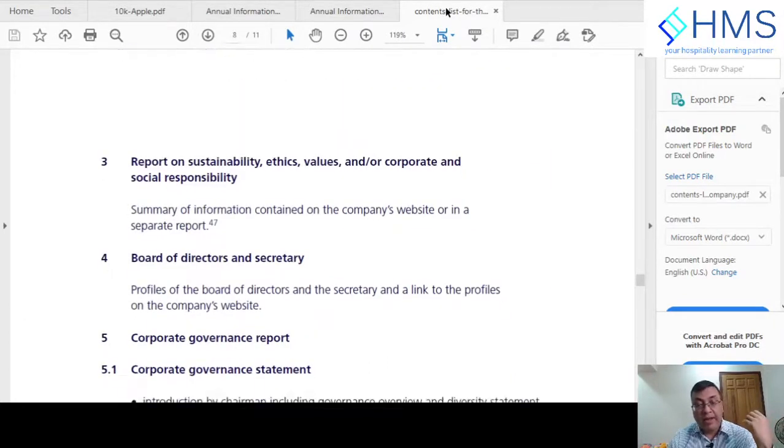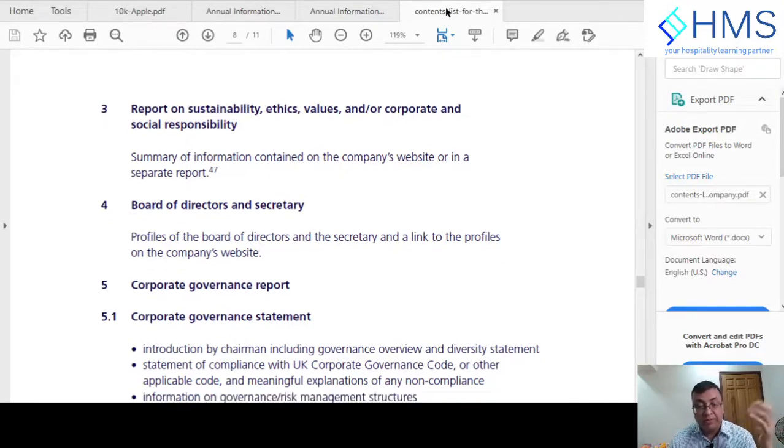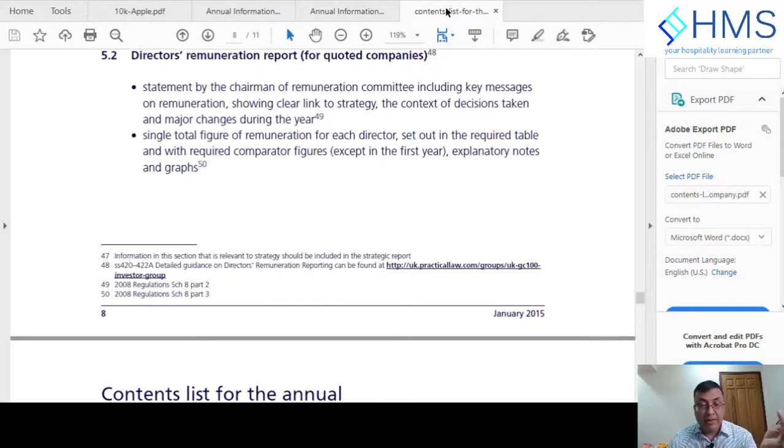Then you will have sustainability, ethics, values, corporate social responsibility, a report from the board of directors and their secretaries, their profiles, their appointments, their remuneration, and the corporate governance statement, how the company is governed in a fair and transparent manner.